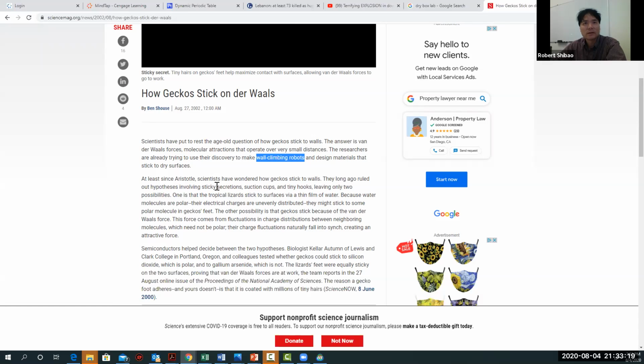At least since Aristotle, scientists have wondered how geckos stick to walls. They long ago ruled out hypotheses involving sticky secretions, suction cups, tiny hooks, leaving only two possibilities. One is that the tropical lizards stick to surfaces via a thin film of water. Because water molecules are polar, their electrical charges are unevenly distributed.